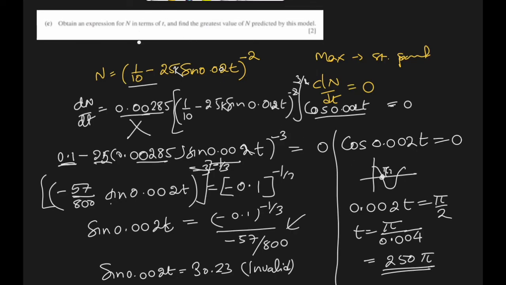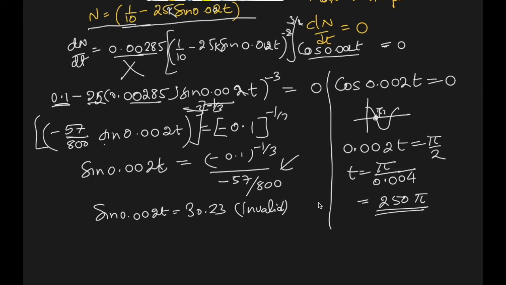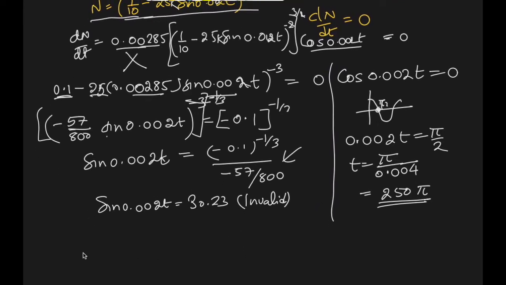And now we have to just plug this into our equation for n to get the greatest value of n. Let me do that. n equal to 0.1 minus 25k, we got it 57 over 800, 25k, right?